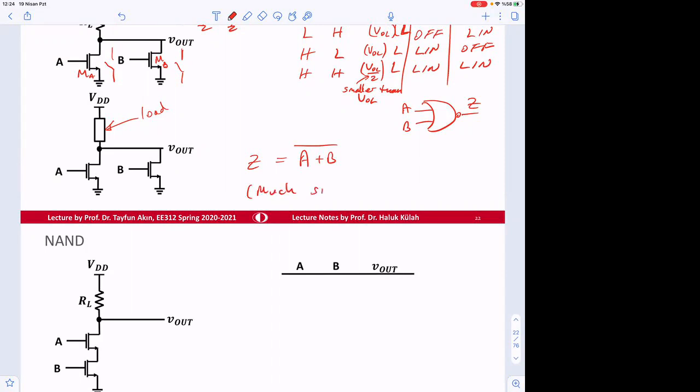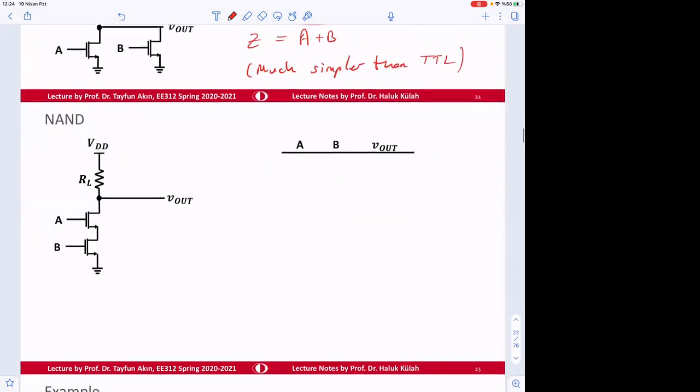Much simpler than TTL, because there were many transistors involved.